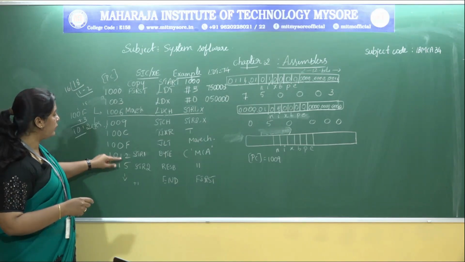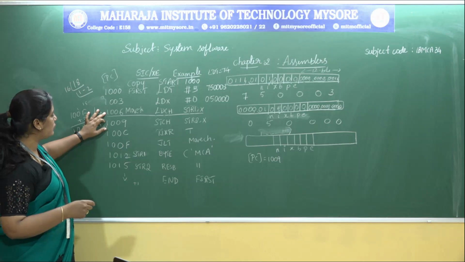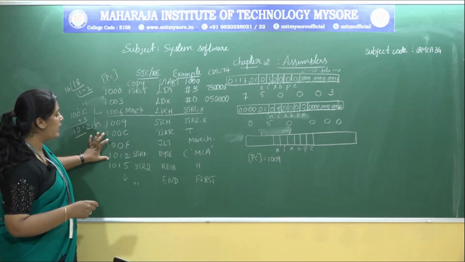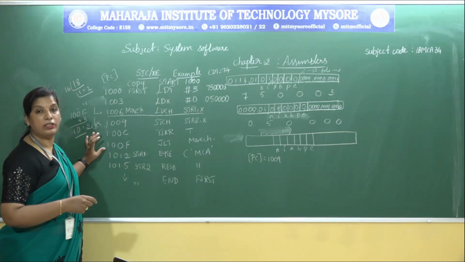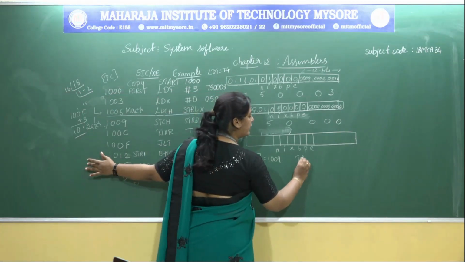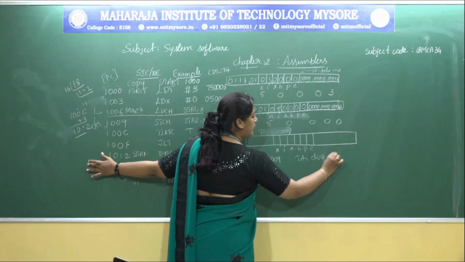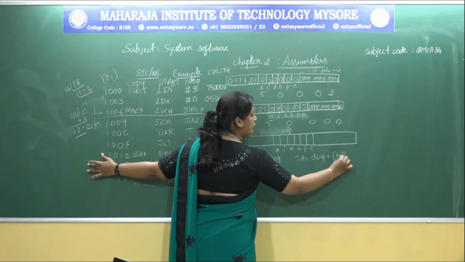What is the memory location? Where is that instruction? At the memory location 1006. Where is the variable? At the memory location 1012. So we know the target address: displacement plus the content of the program counter.